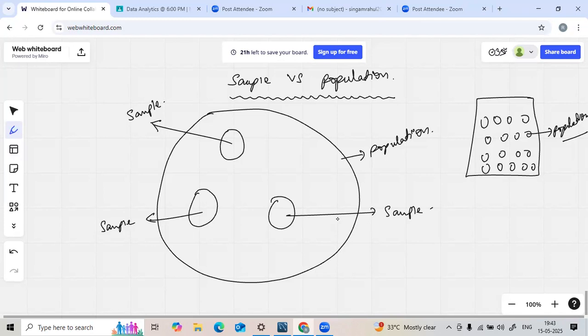Now, if you take a small portion of this population, you put your hand inside that bucket and come up with 4 to 5 balls in your hand, this small portion of the population you call a sample. Once again, I'm repeating, all the balls available inside that bucket, you consider as population, and a small portion inside that bucket that you extract, you consider as sample. I hope everyone is clear. You got a basic understanding of what is population and what is sample.